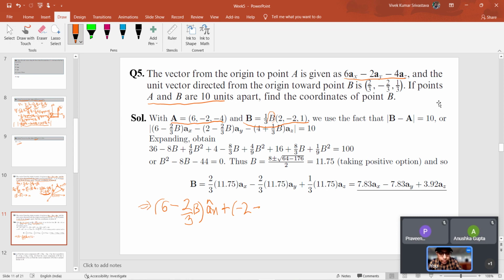Yeah, so this will be plus 2 by 3 into B ay plus minus 4 minus B by 3 into az. Okay, so you have to take the modulus of this vector and equate it to 10.